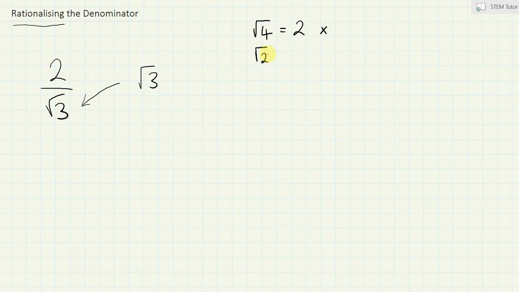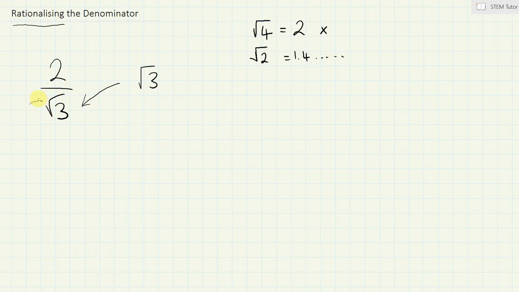Root 2, if you were to put this into your calculator, you would find a number that begins 1.4 and a long string of decimals, and this cannot be expressed as a fraction, so therefore it is a surd.